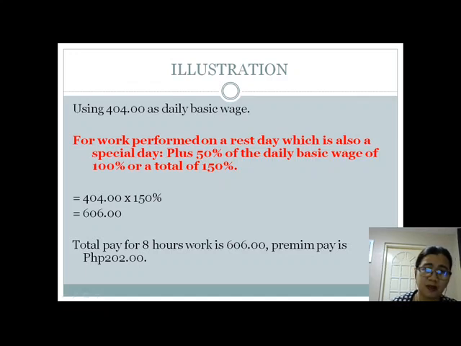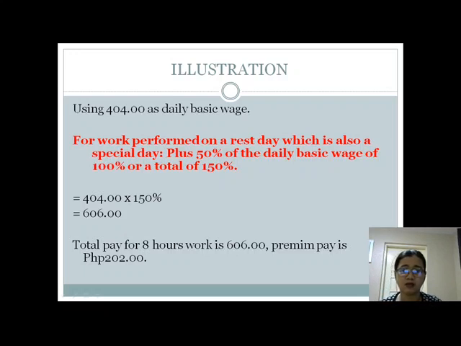So you just familiarize first with the different premium pays, and how much percent will be given to a particular employee in a particular circumstance, depending on the type of day, no? Whether it's a special holiday, rest day, or regular holiday, and also rest day.